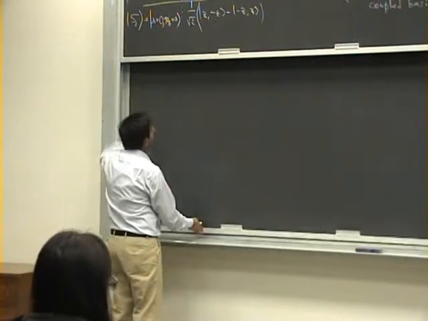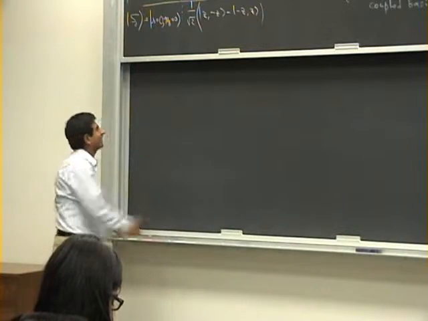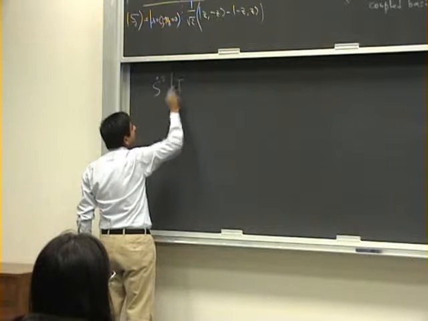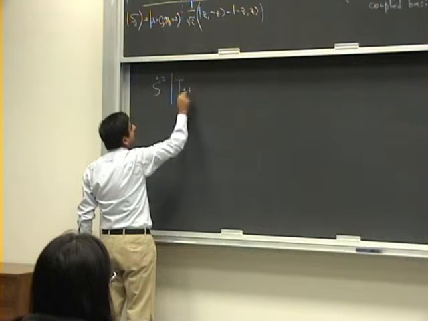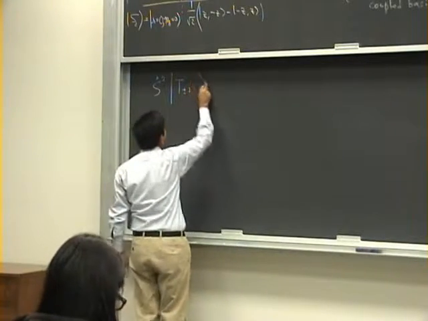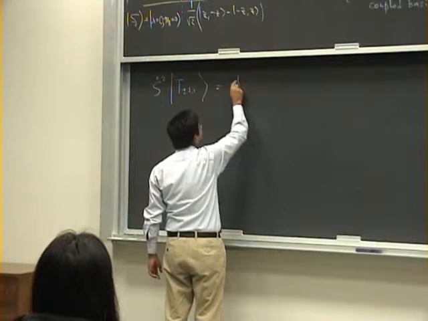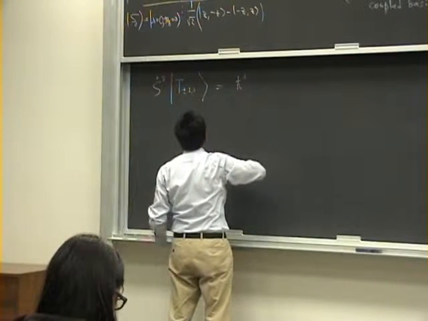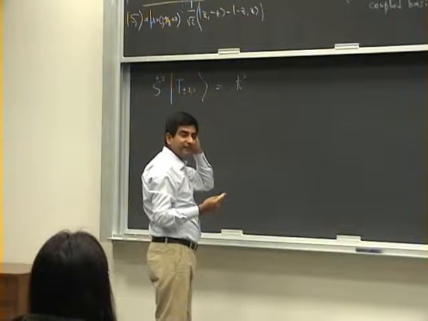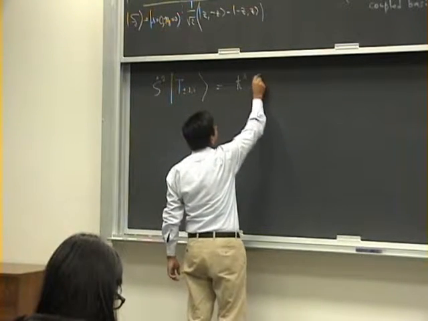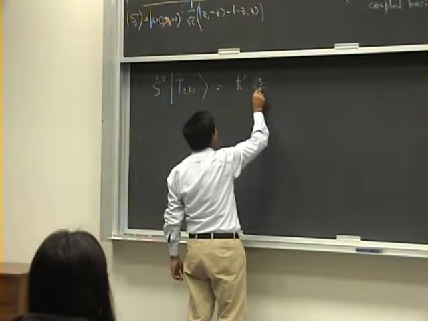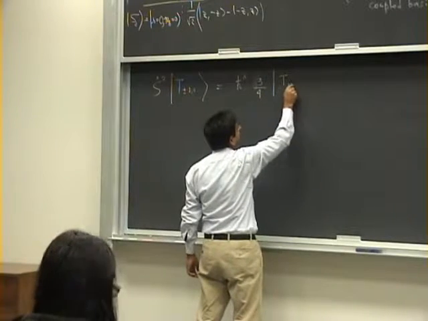Which also means that these states are the states of the total angular momentum, S squared. So if I take S squared and act upon any triplet state, I will get h bar squared times, with S being 1, 1 into 1 plus 1, that is 2, the corresponding state.